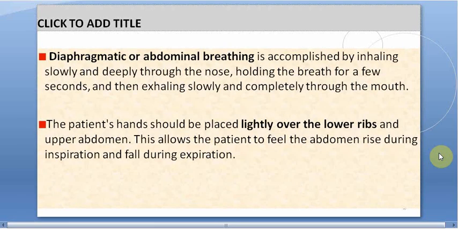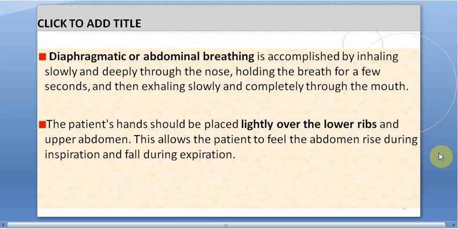Next is diaphragmatic or abdominal breathing. It is accomplished by inhaling very slowly and deeply through the nose. You can sit comfortably, take a slow deep breath through the nose, hold the breath for a few seconds, then exhale through the mouth. That is one type of diaphragmatic or abdominal breathing.